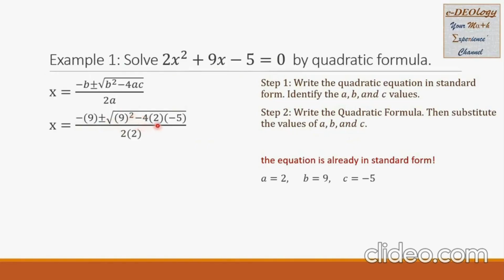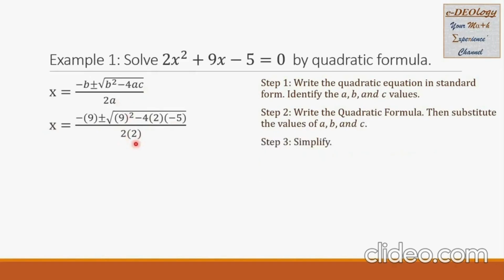The a is now changed into 2. The c is now negative 5 all over 2 times a, and the a is now changed into 2. And step 3, we will simplify and get the values for x.